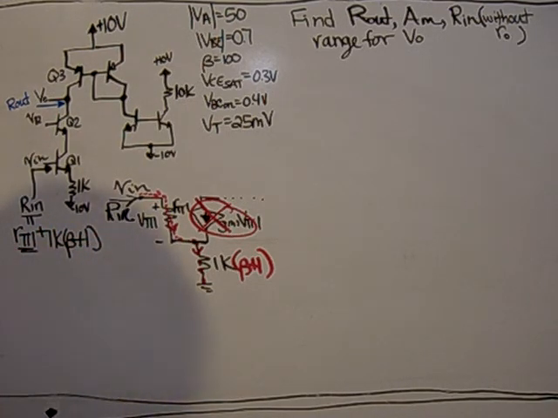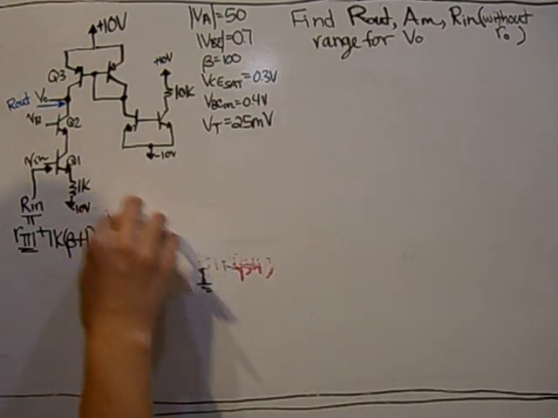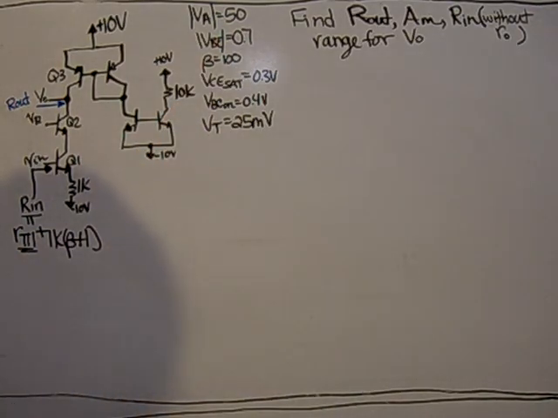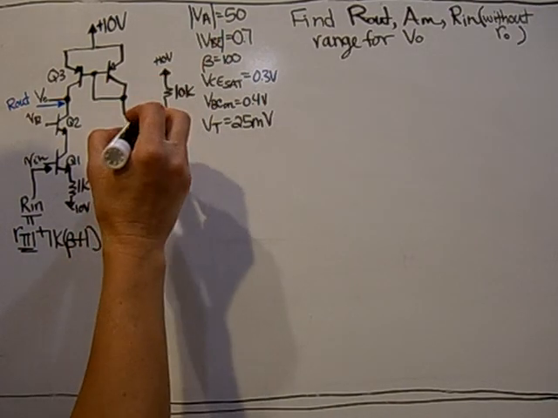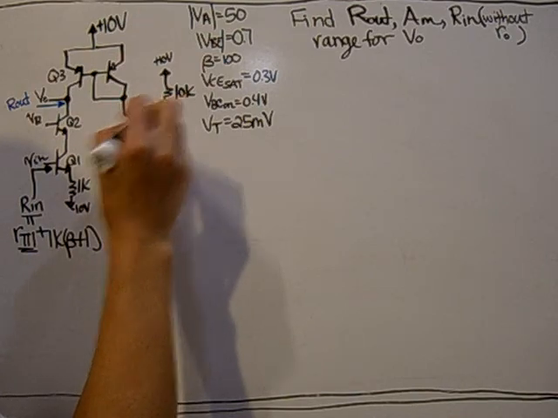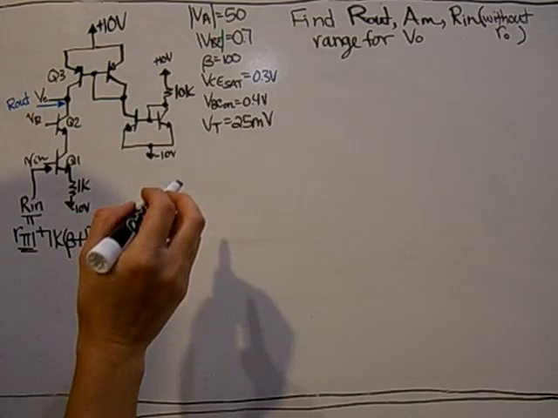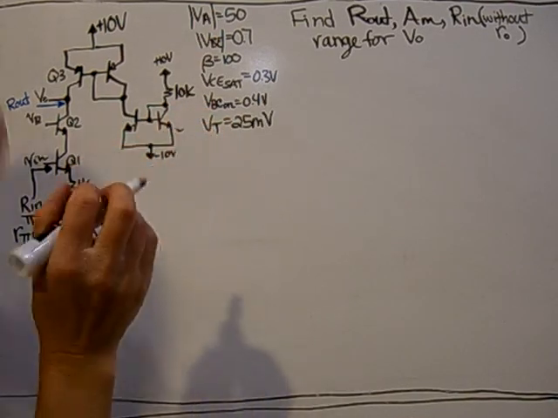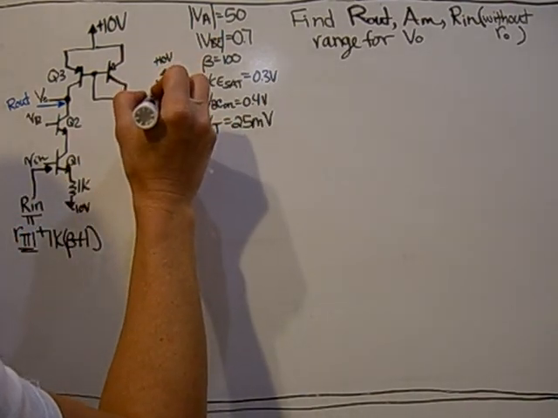So now R pi is dependent on the current, and we are given a fixed current because the resistor is already set. So finding the current based on this resistor right up here.